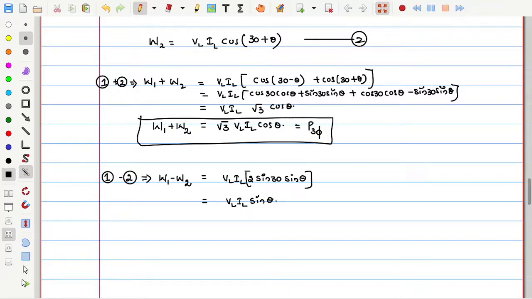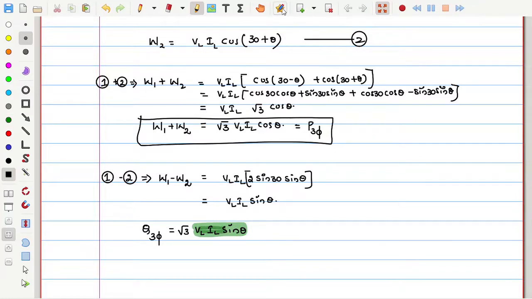VL IL sin theta. Here straight away I got three phase active power, but here I am not getting straight away three phase reactive power. What we know is that three phase reactive power, Q three phase, is equal to root 3 VL IL sin theta. Out of that, the quantity we got is only this portion, by subtracting the 2 wattmeters.